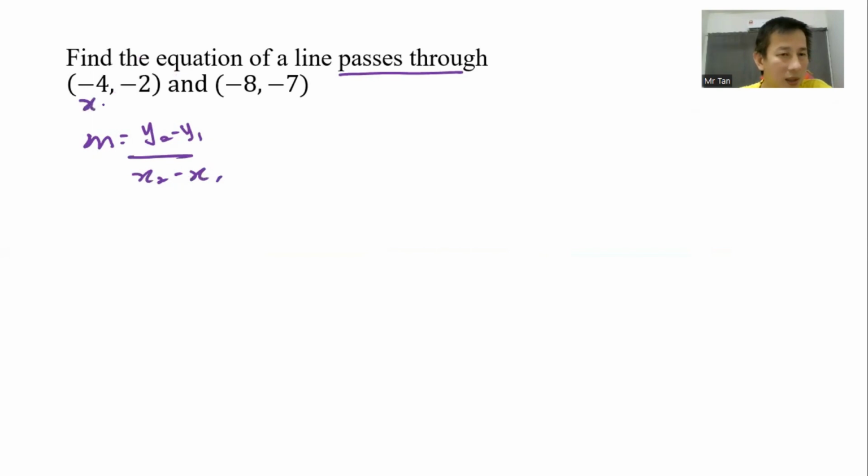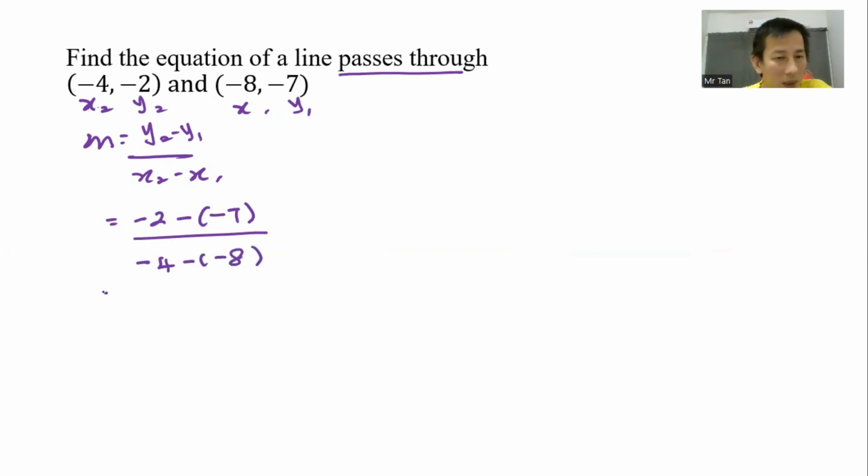So you can just say this is x2, y2, this is x1, y1. So you will get (-2 - -7) / (-4 - -8). That will give you (-2 + 7) / (-4 + 8). So for this, you get 5/4.